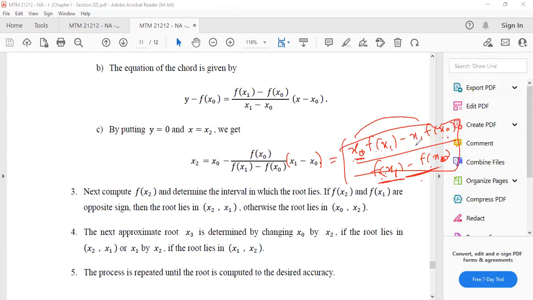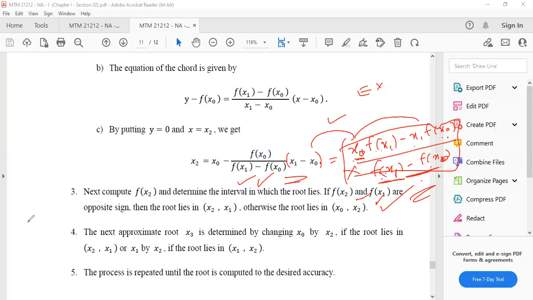If it is f(x0), you have to multiply by x1. I feel it is easier to remember than this. Anyway, we have found both are equal, so you can choose either way. And when you are doing the exercise, use both methods and see whether you get the same answer.